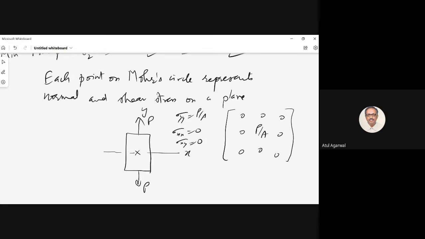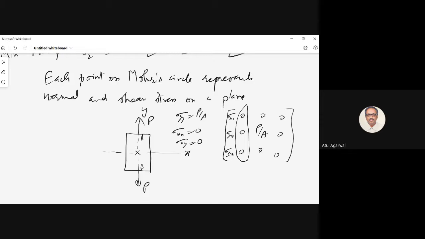Now you see there are different planes passing through this point. So plane AB, what is the normal vector to the plane AB? X. So this was the information. What was this? Sigma xx, sigma yx, sigma zx. So the first column represented stresses on the plane having normal vector in the x direction.